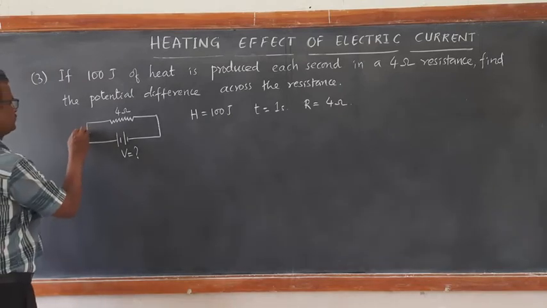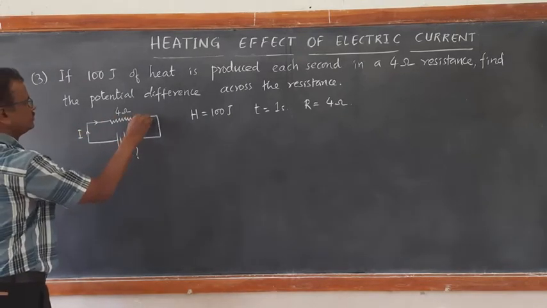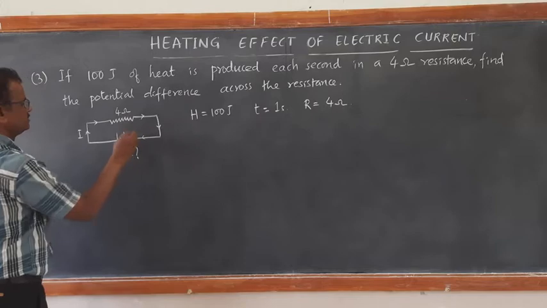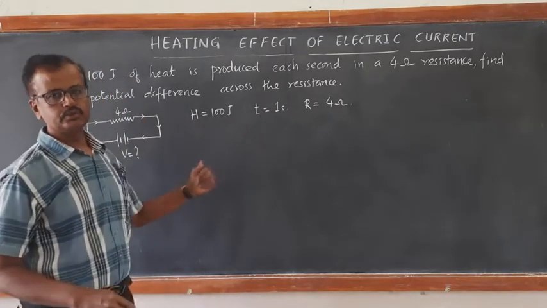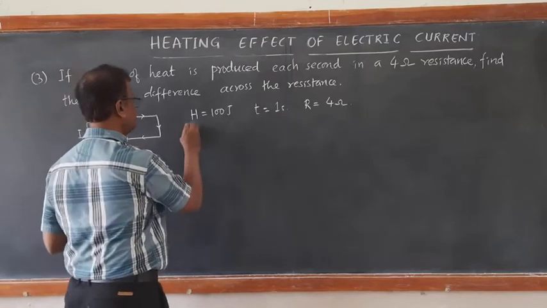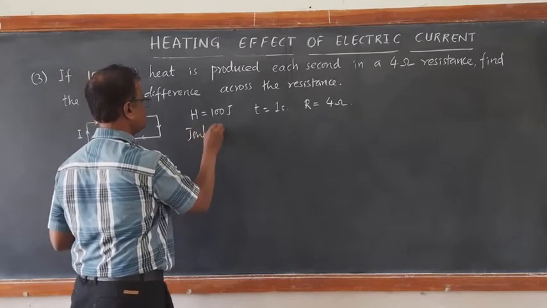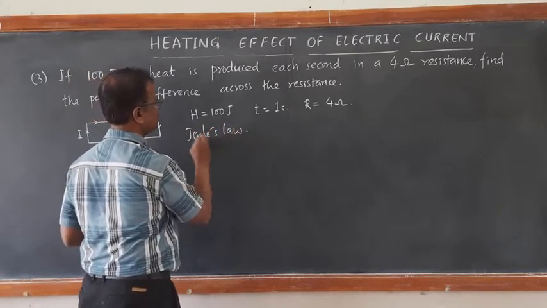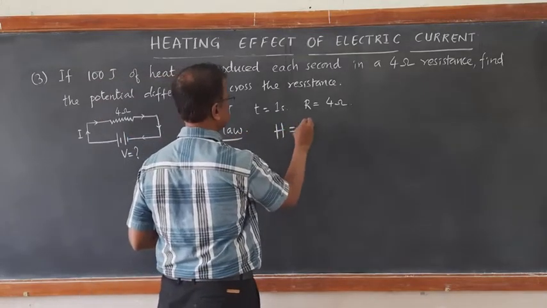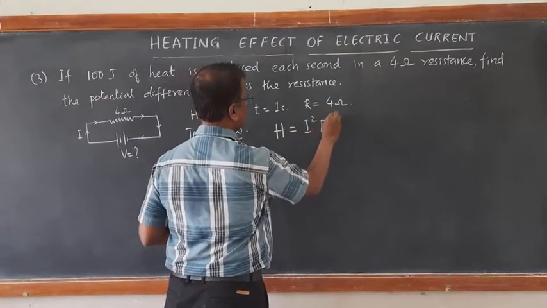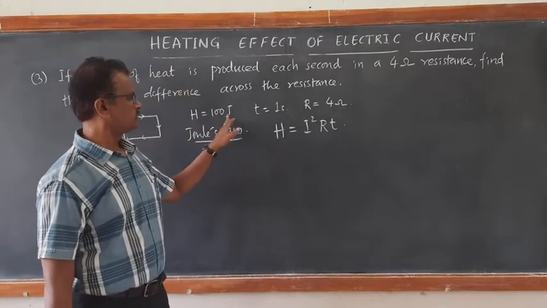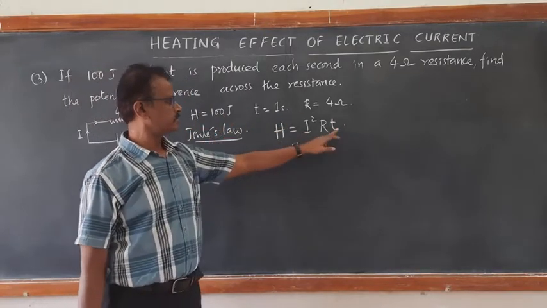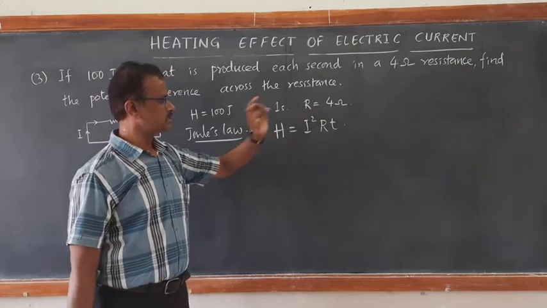We don't know the current and we don't know the voltage. So first we can calculate the current using Joule's law. What is Joule's law? Joule's law states that heat produced H is equal to I squared R T.